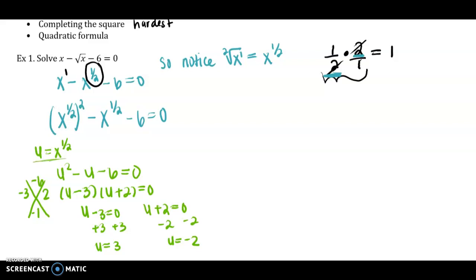Yeah, it was equal to x to the 1/2. So I have to replace it, and I have to replace it in both equations. Alright, so now what you're going to do is, remember, x to the 1/2 is equal to the square root of x.